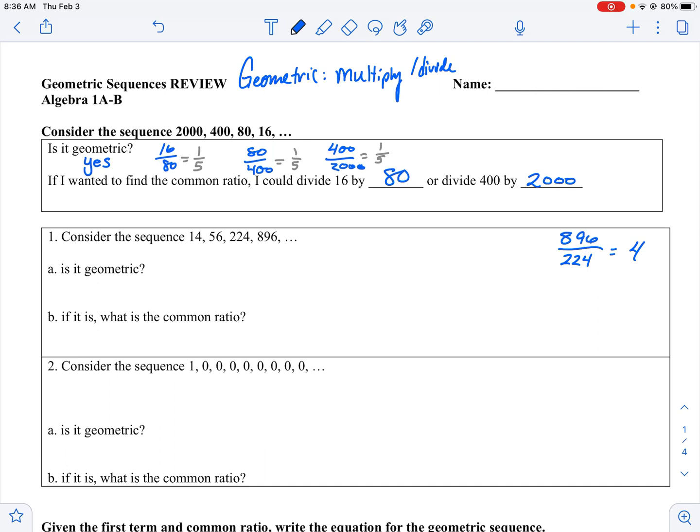If I take 14 times 4, does that get me 56? And it does. So 56 times 4, would that get me 224? Yep, that one works too. And so does 224 times 4, giving you 896. So because I am multiplying by the same number every time, that is geometric, and my common ratio is 4.